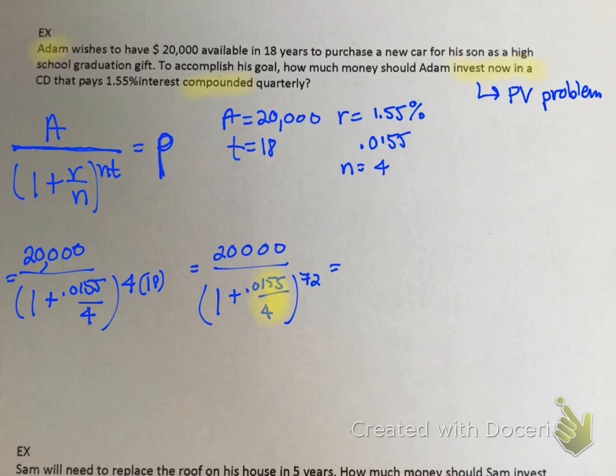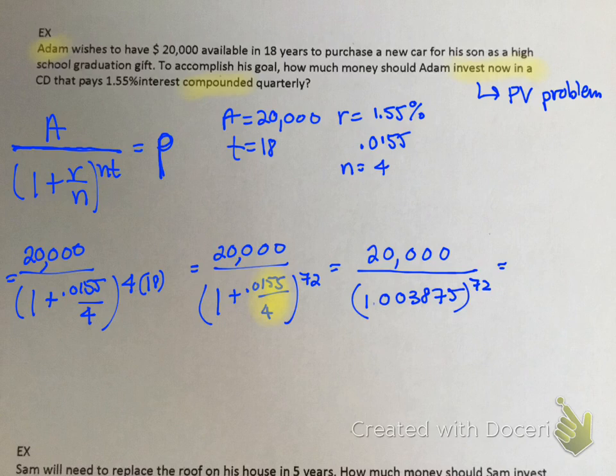And when I do that, I should get 1.003875 raised to the 72nd power. Okay? So this is what I have right at this moment. Now, I'm still working in the denominator because I haven't simplified it enough. I'm going to take that value that should still be in your calculator, which is 1.003875.